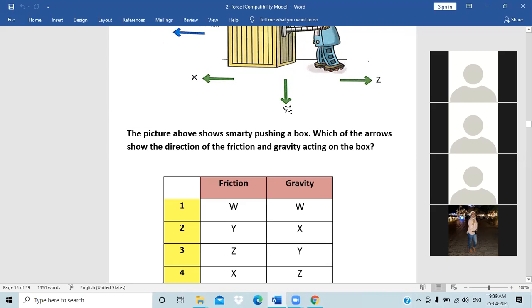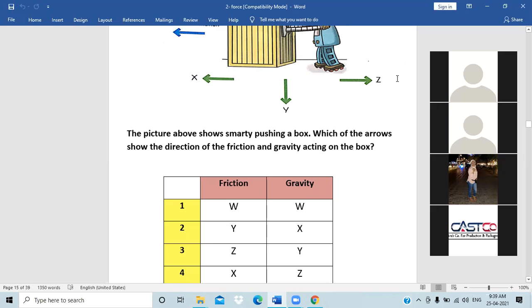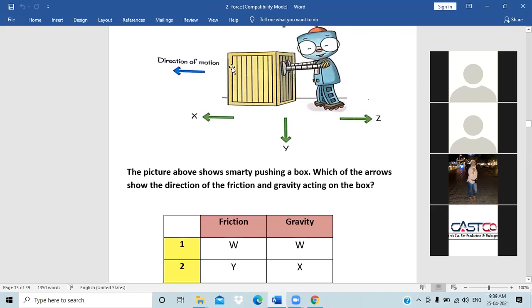Thank you, Malik. How did Malik know that friction is arrow Z? Because they mentioned right here, let me show you, that this is the direction of the motion. And we know that the friction is always in the opposite direction of the motion.